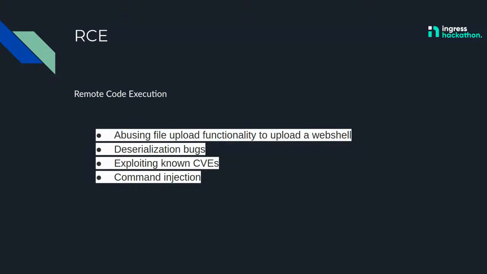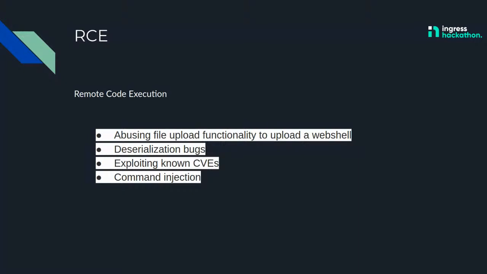For example, a website accepts images, and the website is written in PHP, and if you can upload a PHP web shell or a reverse shell, then if you get a reverse connection, that's remote code execution, and you can probably take over the whole system.